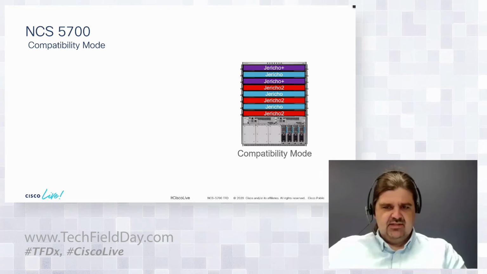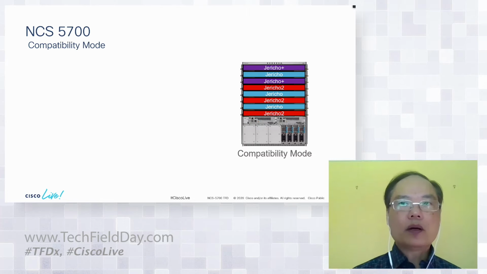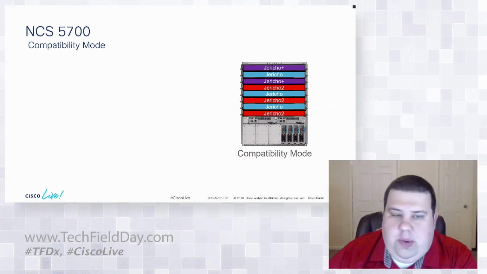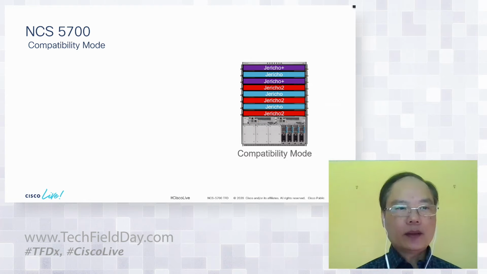Is that an efficiency measure there? Is having everything the same Jericho 2 going to be more efficient in code version and memory consumption? Actually, it's more from a features point of view. We'll see in the next slide about native mode enhancements. And as well with that, then, is compatibility mode going away with the newer versions? It's not going away.